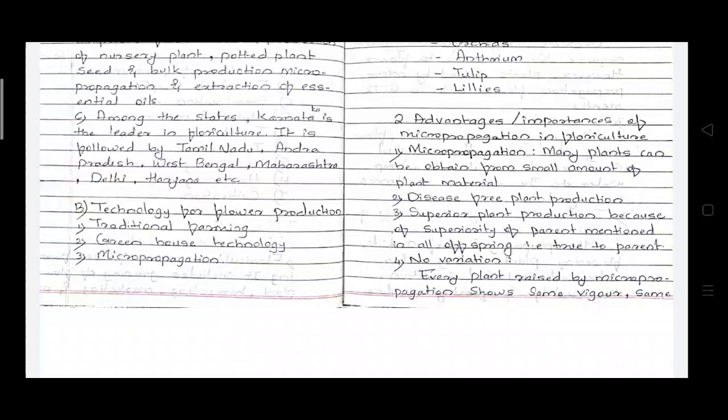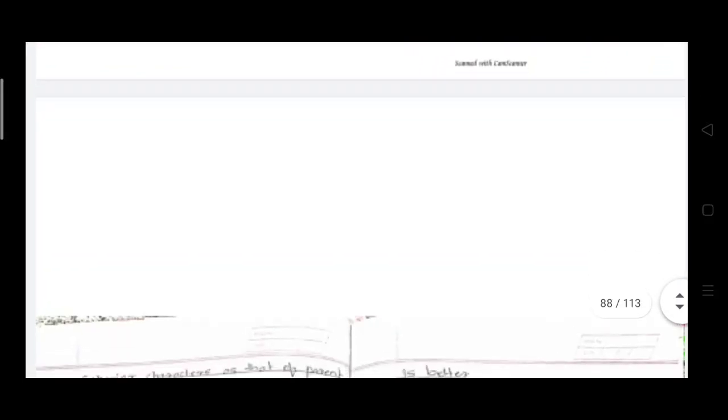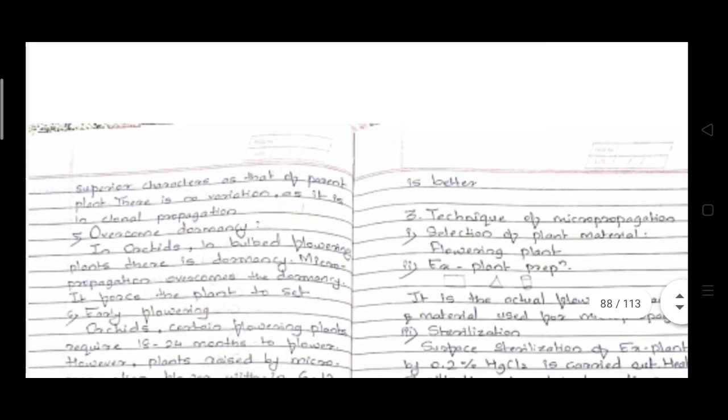So from a small amount of plant material we can get 1000 plantlets. Then the next advantage or importance of orchids you have to write is disease-free plant production, and also superior plant production through this technique. The next advantage is that no variations will be observed in the micropropagated plant. That means the same plant is observed as the mother plant.